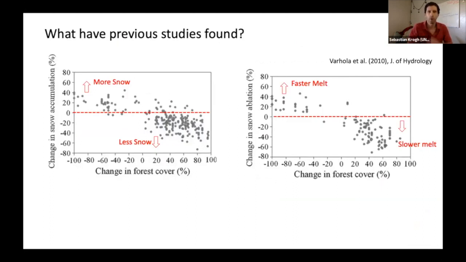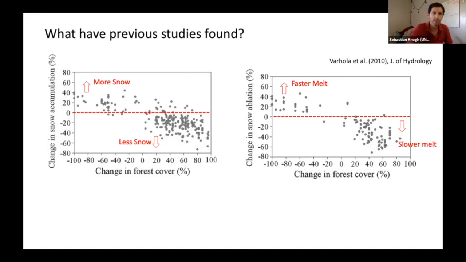So just an overall message of what previous studies have found, and this is a study from 2010 that is taking several, if not all of the studies in both North America and Europe, showing the effect of removing forest on the snowpack, on peak snow accumulation on the left, and the rate at which that snow ablates on the right.